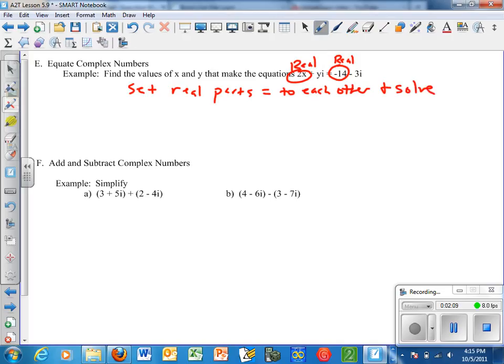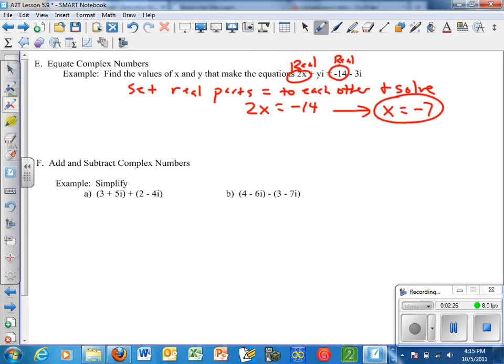If we do that, we're going to set 2x equal to negative 14. And so we're solving for x here. If I solve that for x, I divide both sides by 2, I get x equals negative 7. Negative 14 divided by 2.